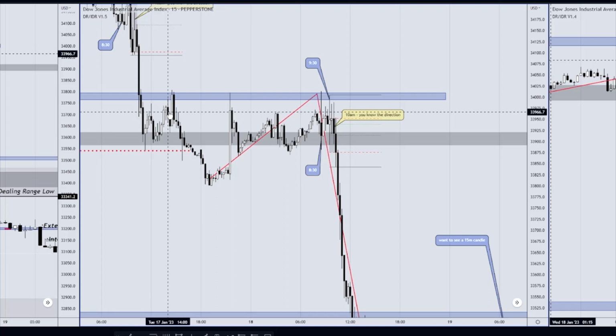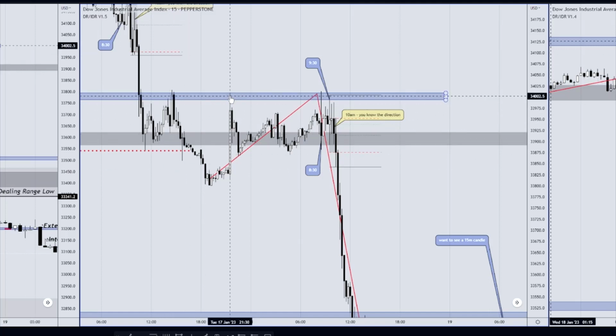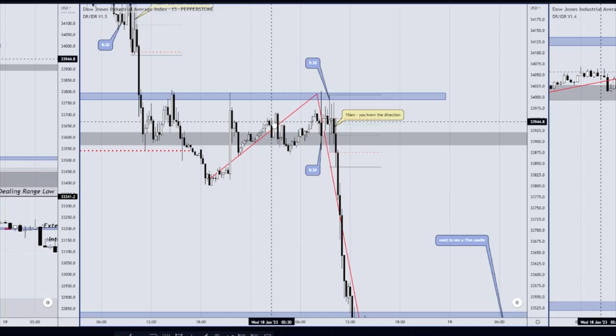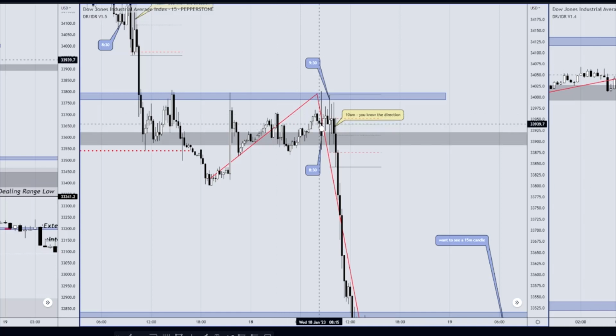I'm just looking at it right this minute. So we have a high, a low, a higher high, and a break of structure. Comes back to that area, retests it, can't get above it. And then it goes down.